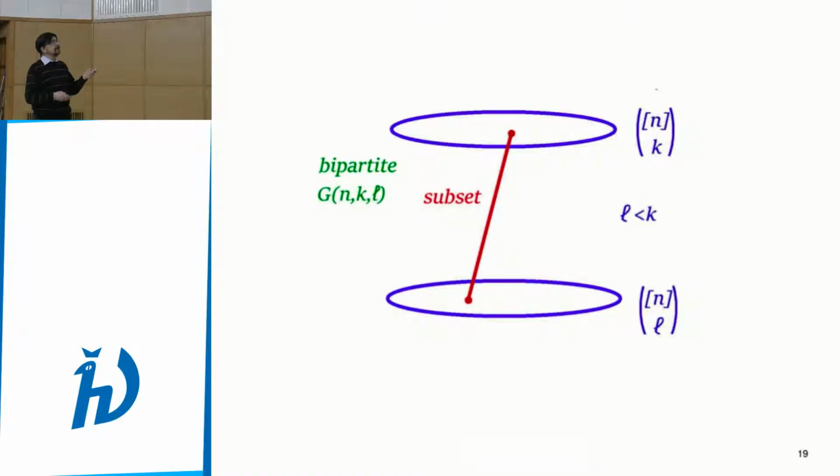I will use this notation for the n-element set, and I hope it is clear. So this notation means all k-element subsets of an n-element set. And here I have the l-element sets, and two vertices are adjacent if this is a subset of this one.